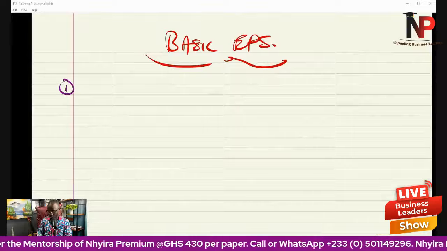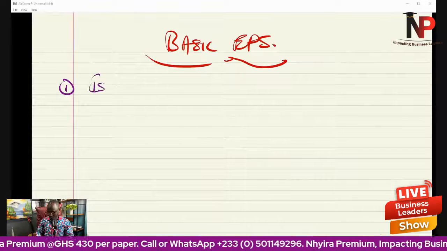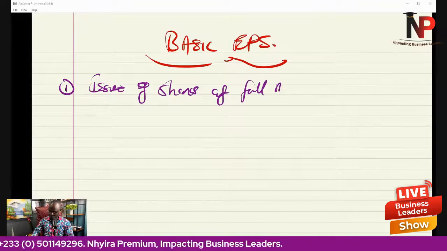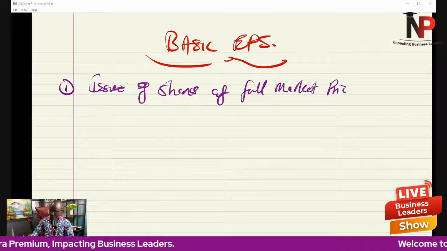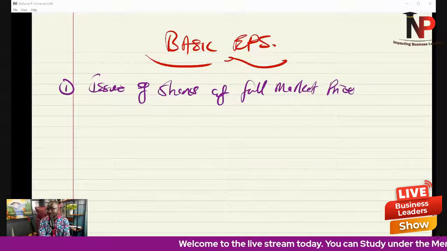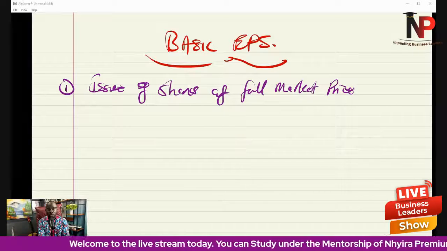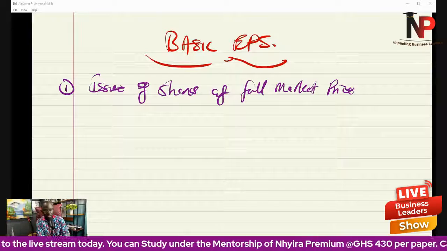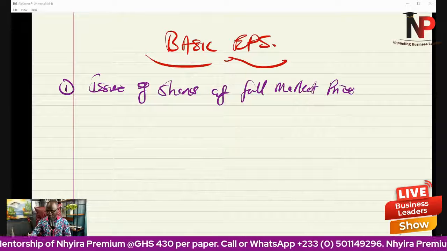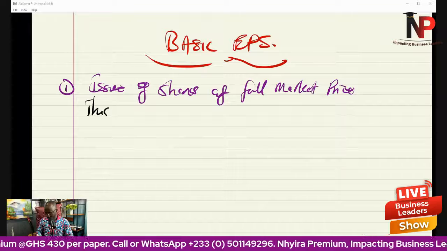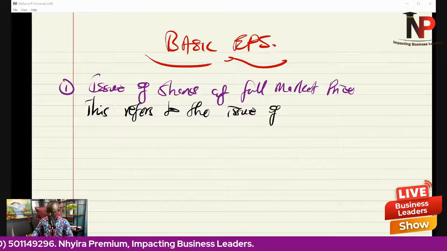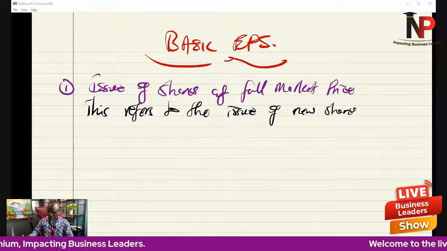Number one, issue of shares at full market price. That is the first scenario. This is where an entity issues new shares during the year. It's a public issue to all shareholders.